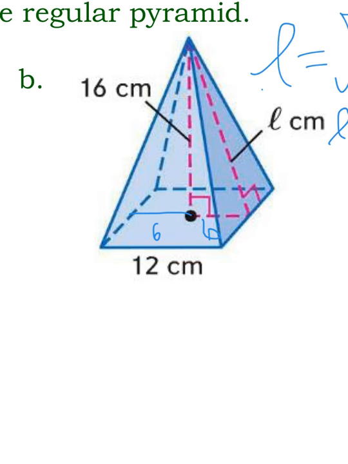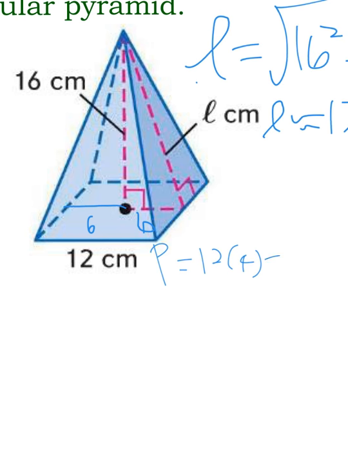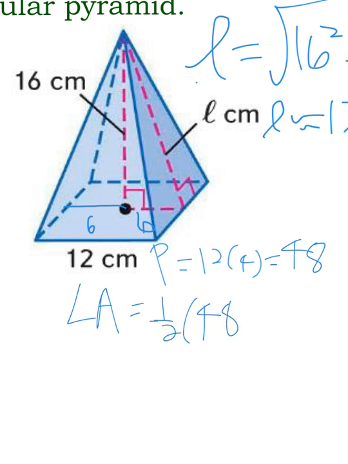So I'm just going to say P equals 12 times 4, which is 48. So I'm going to go LA equals 1/2 times 48 times 17.09.